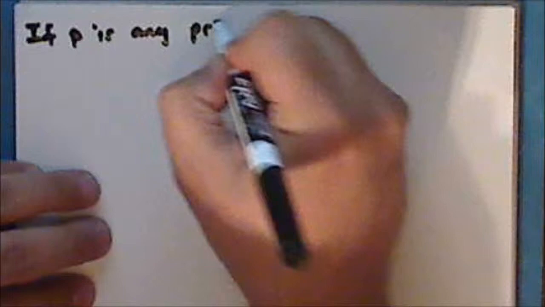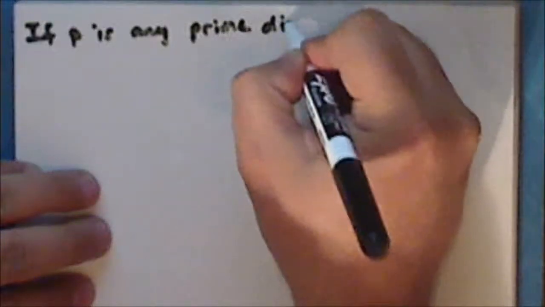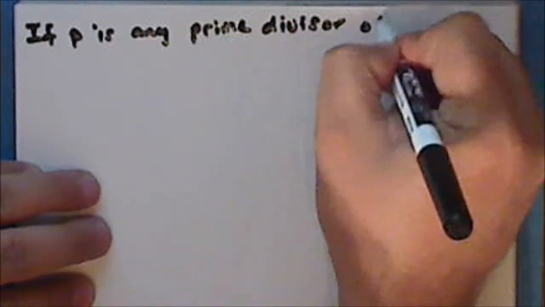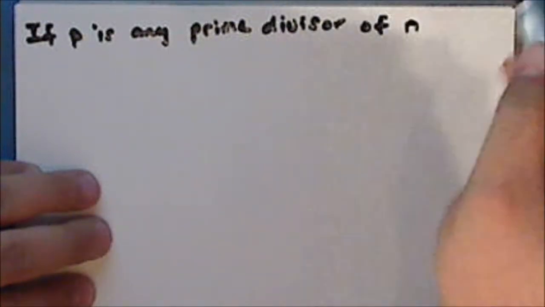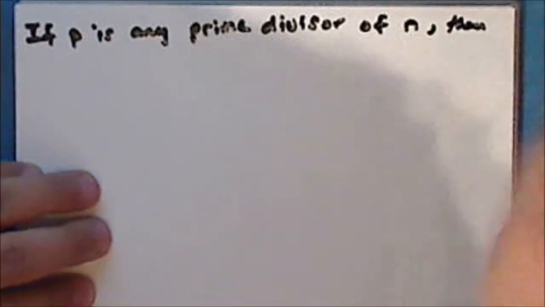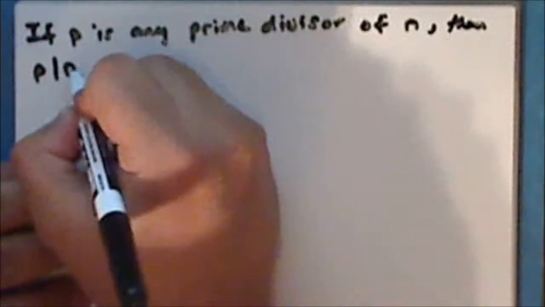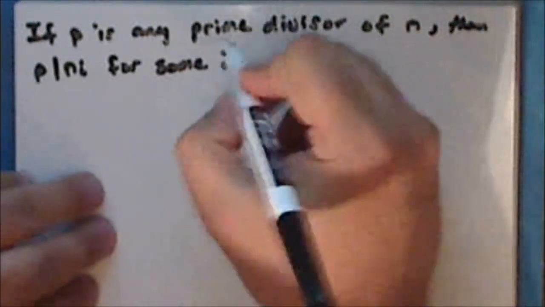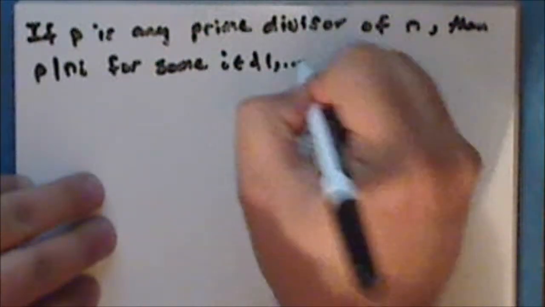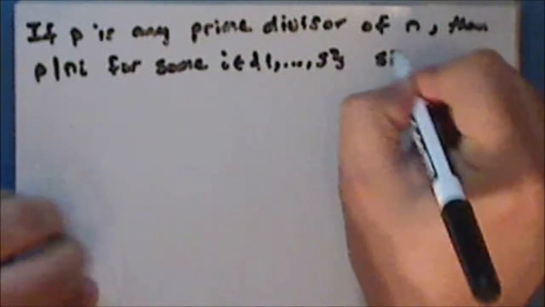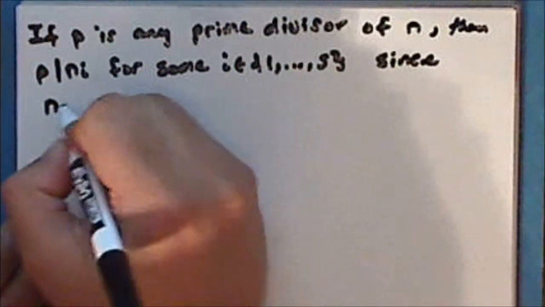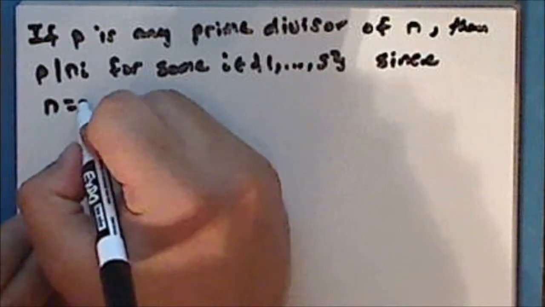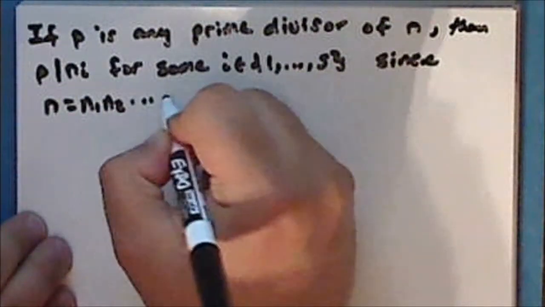So if p is any prime divisor of the integer n, then p divides n sub i for some index i in the range from 1 to s, since n is the product of its invariant factors, n sub 1 times n sub 2 and so on through n sub s.